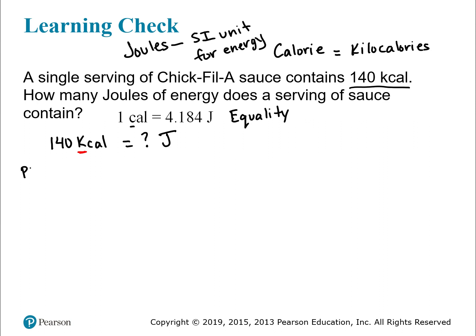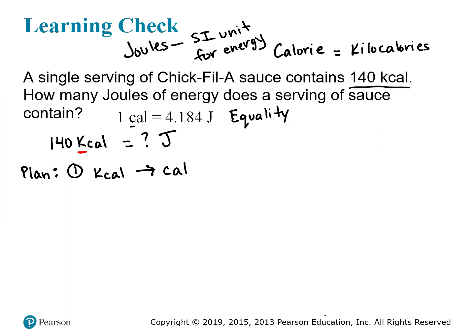This is where our plan comes in. If you are comfortable to work ahead of me, as always, go for the gold. But if you're not, or you just want to see how I lay it out, stick with me. First thing we have to do is take our kilocalories and convert that to calories. It is very similar to what we've been doing with our conversions and the metric prefixes.